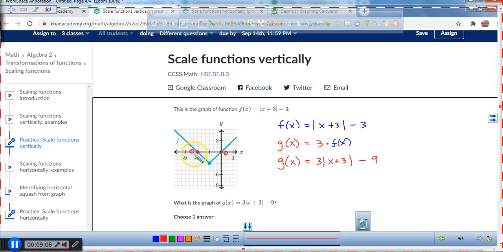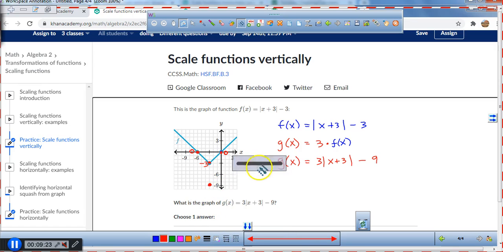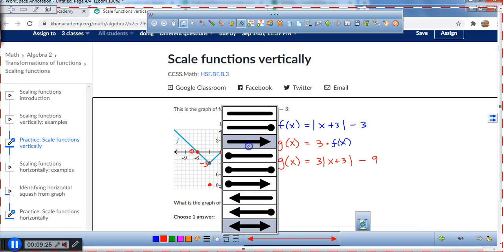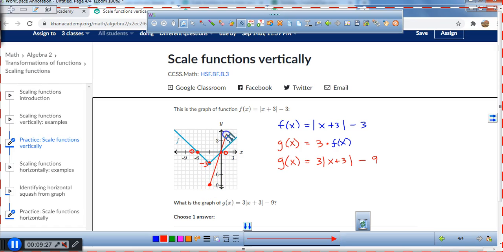So I'm at 0 here and 0 here, so those points are still going to stay the same. But my y value right here is at -3, so this y value is going to move all the way down here. Not shift, bad word, I apologize. It's going to be scaled by a factor of 3. So my new function is going to look like this.